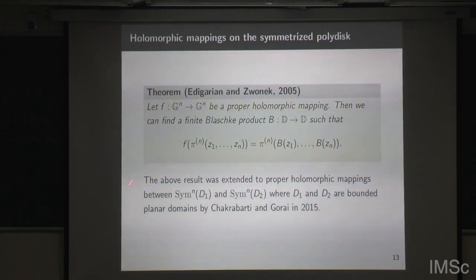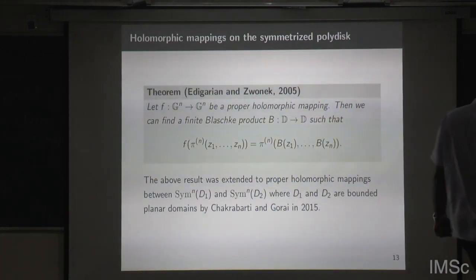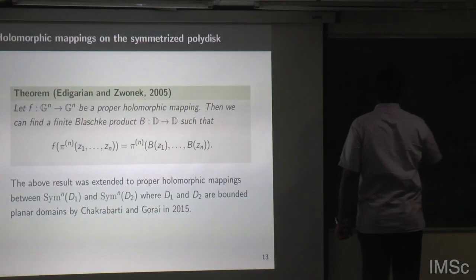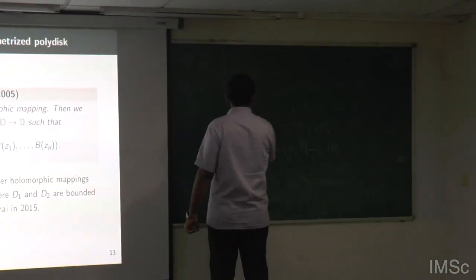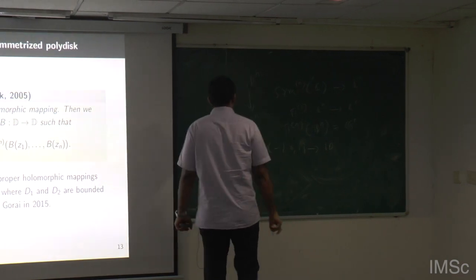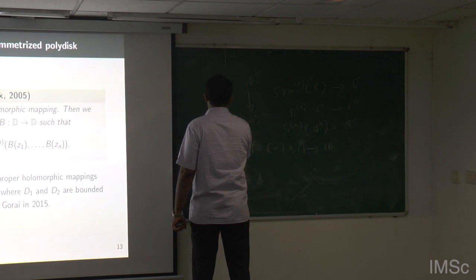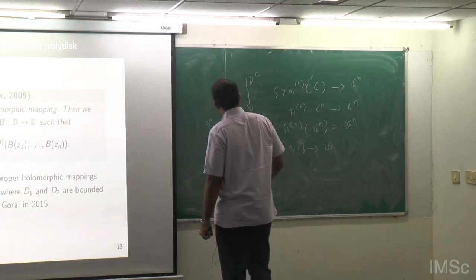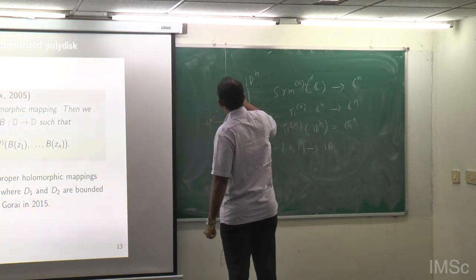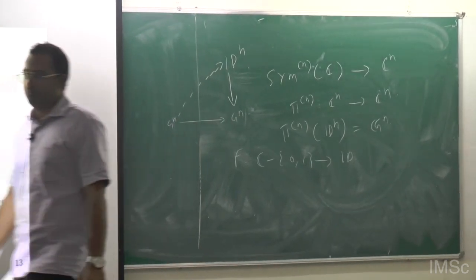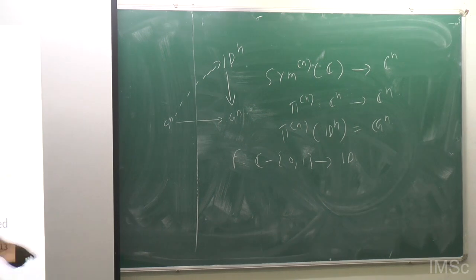So what this result is essentially saying can be summarized in this commutative diagram. You have the mapping from Dn to Gn, you have the self map from Gn to Gn, then, actually this is not an accurate picture.